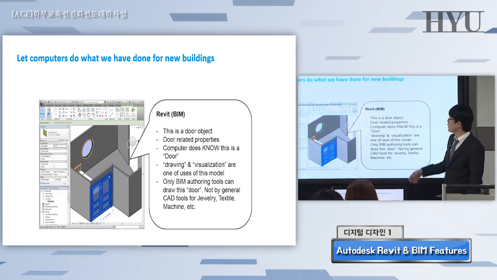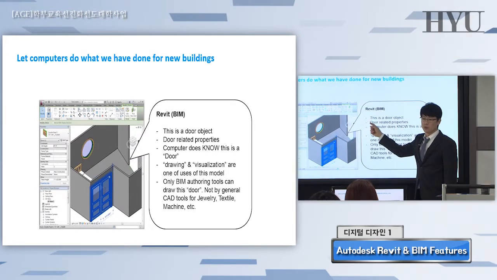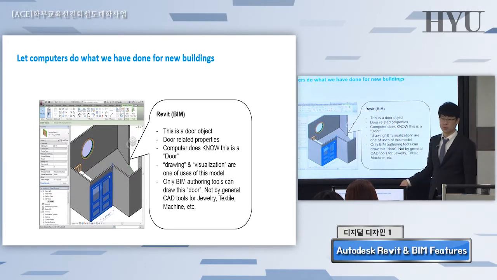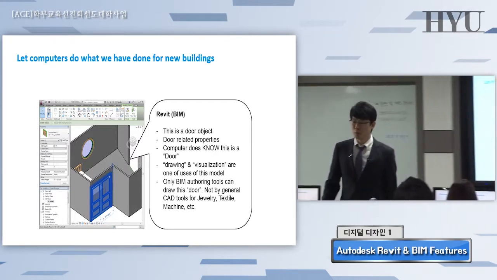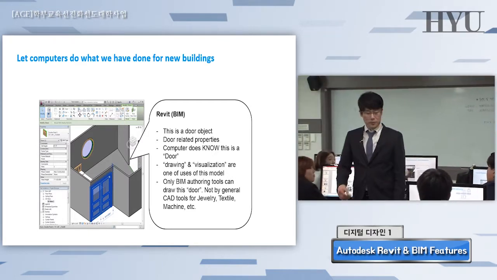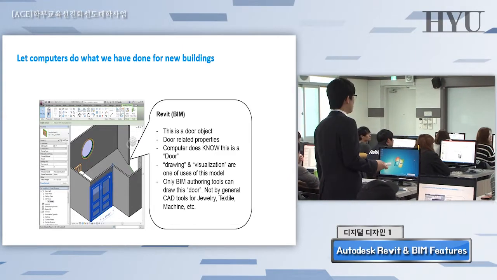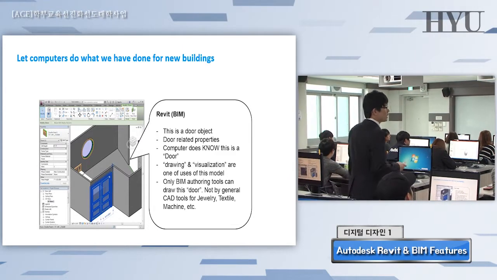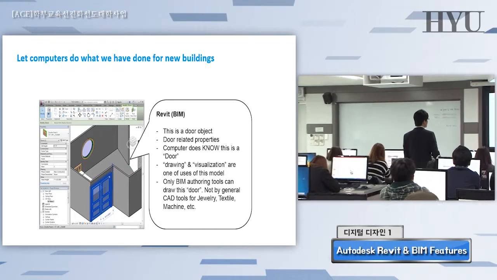But when we are using BIM, when you are using the Revit application, you have to recognize the difference from the conventional approach so that you can maximize the meaning of building information modeling, okay? You have to know the difference between the conventional approach and the newly developed BIM approach.